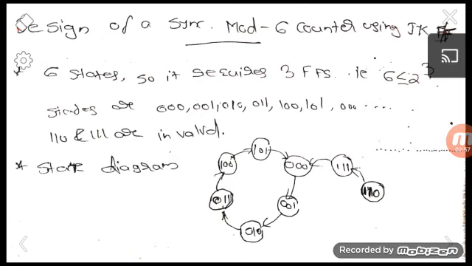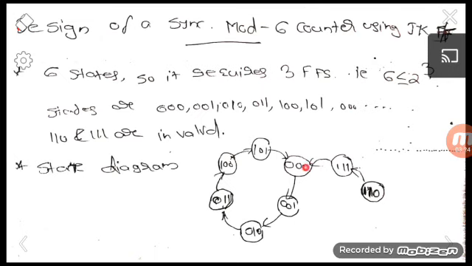Sometimes, when the output is 110, after the next clock pulse it will again move to the invalid state 111. So there will be a lockout condition, which we can discuss later.